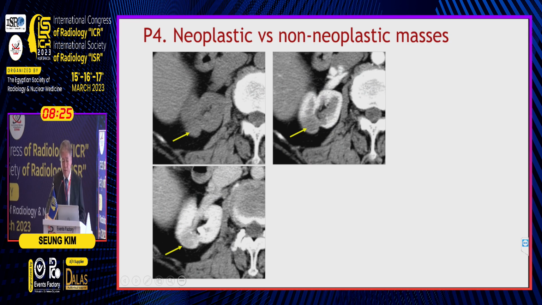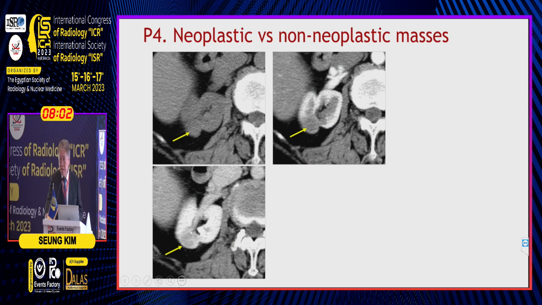Problem 4: sometimes we have a difficulty in distinguishing neoplastic versus non-neoplastic masses, like this patient. Here are mass-like lesions in this right kidney, with some scar, indentation here, and low attenuated areas here in the right kidney.